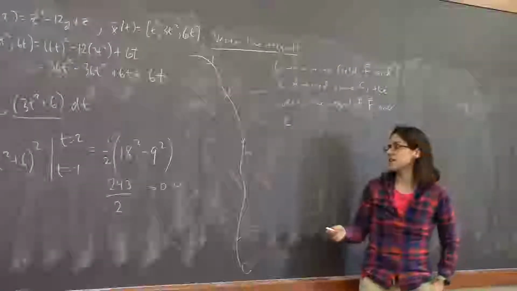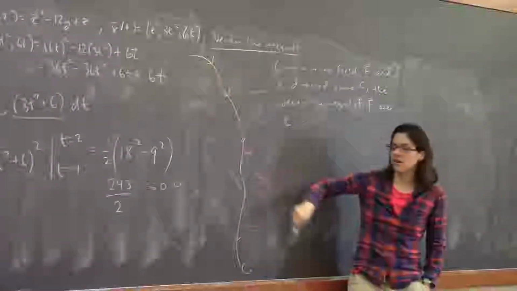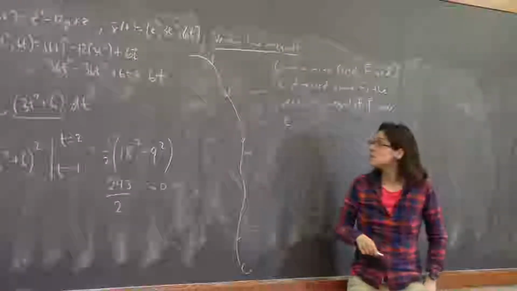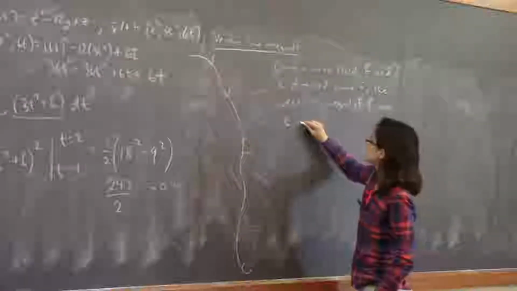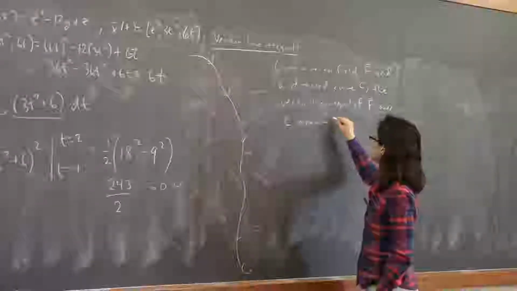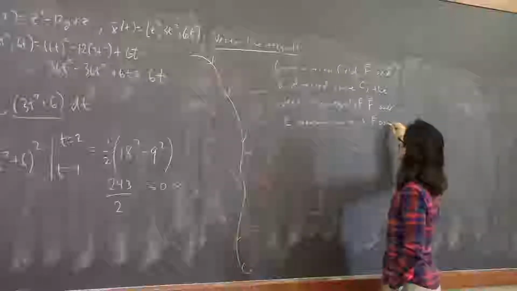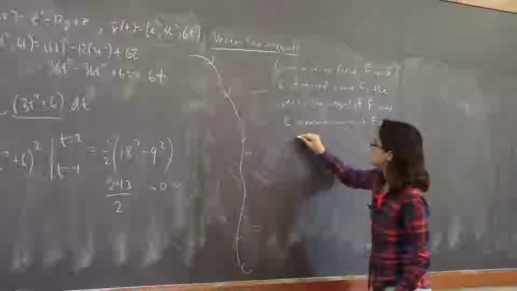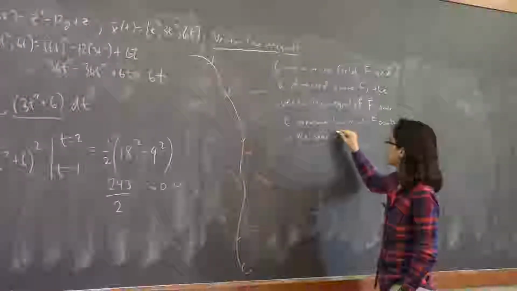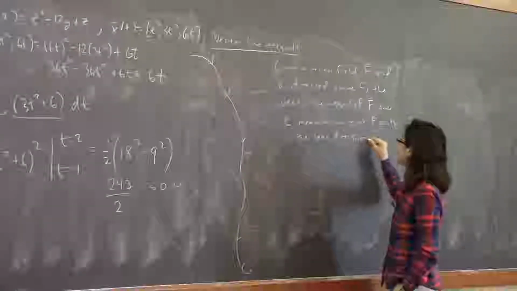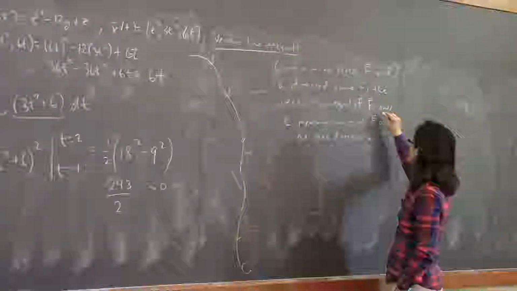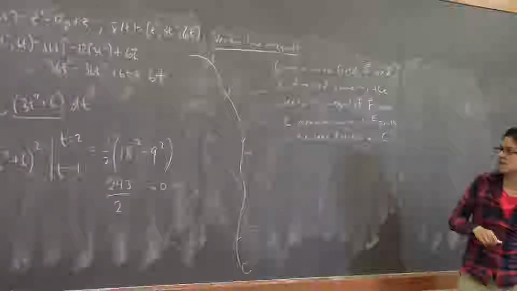So you can think about that as like how much the current helps you or hurts you along your way. So it measures how much F points in the same direction as C.